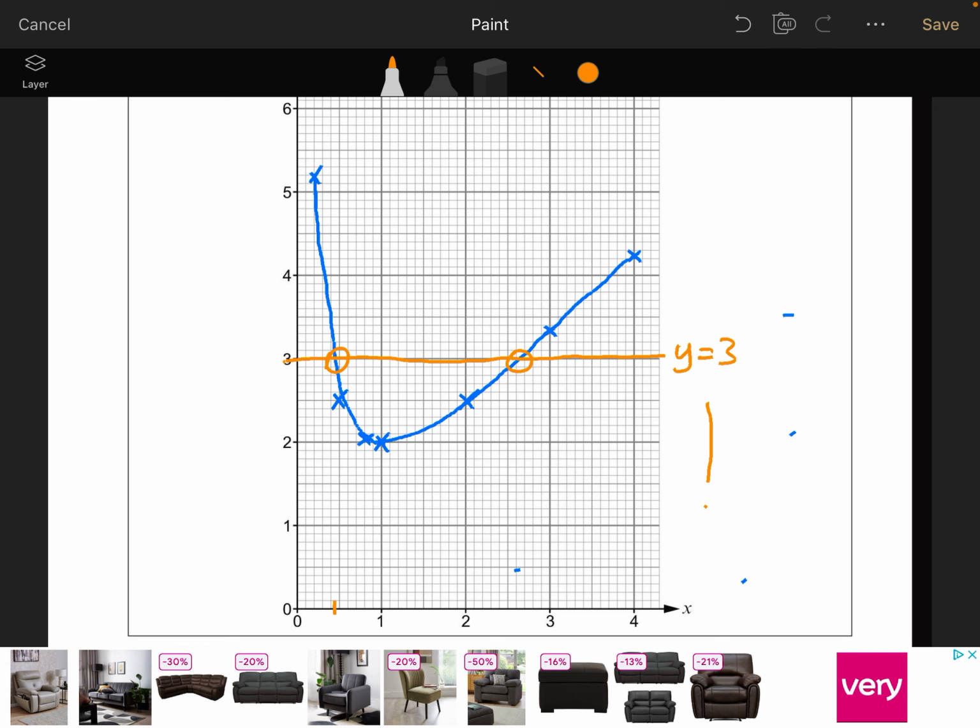I would say it's about here, which is 0.45, and here it probably is on that line, isn't it? I'd say that that's about 2.6. So 0.45 and 2.6 are the x values that I would take. But it will depend how accurately you've drawn your graph and where your curves are.